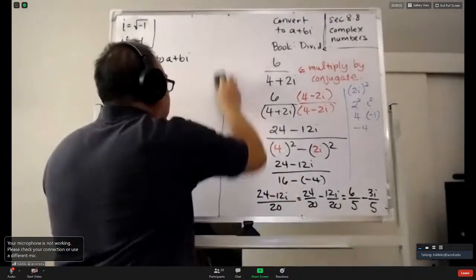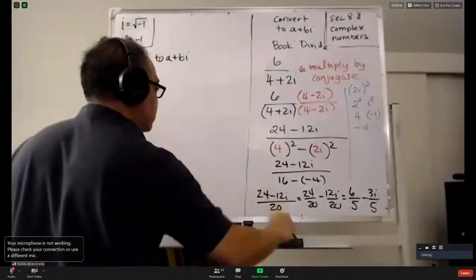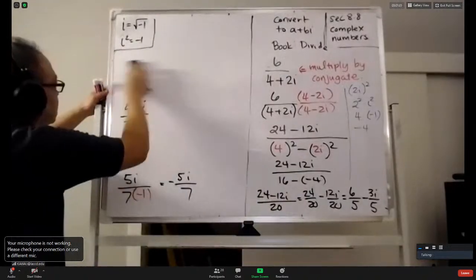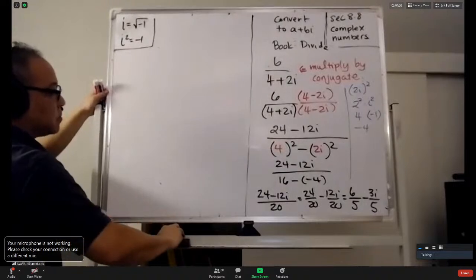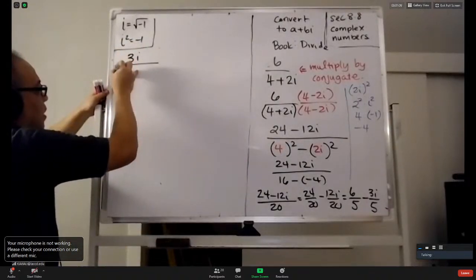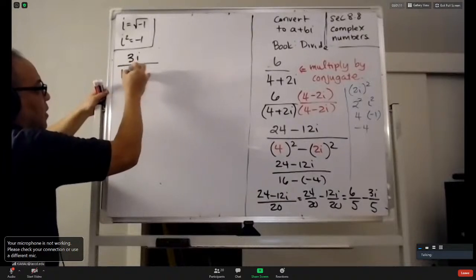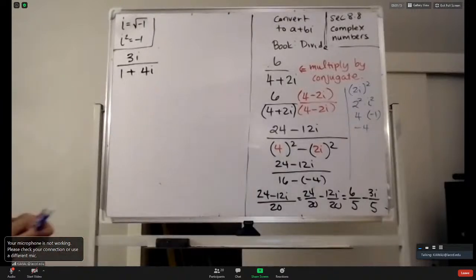Okay, so let's do that one more time. Let's go 3i over 1 plus, and let's make it 4i. Okay, so go ahead and do that problem. Multiply it by the conjugate.